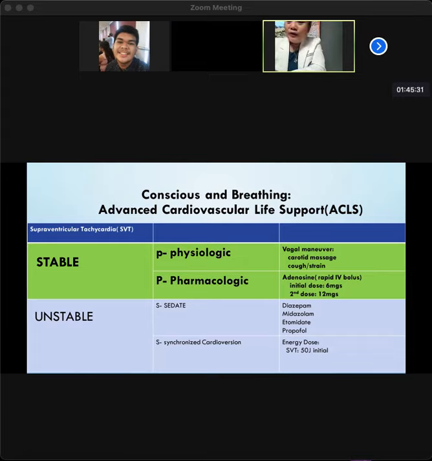Okay? So how are you going to do your sedation? You can give diazepam, midazolam, etomidate, propofol. Those are sedative hypnotics. By the way, midazolam and diazepam are benzodiazepine or barbiturates.